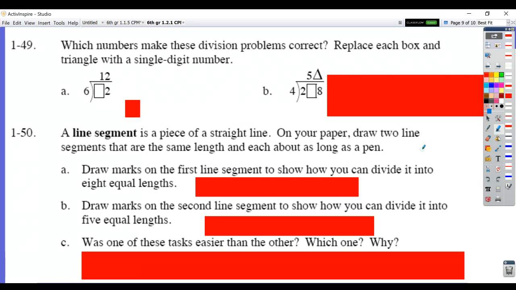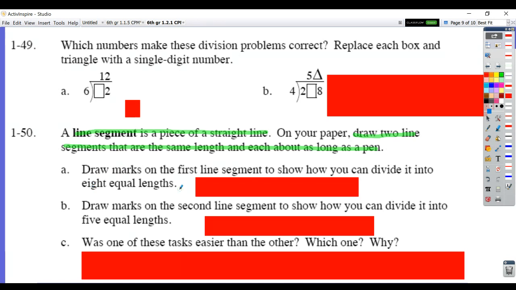For 150, they want you to know that a line segment is just a portion or a piece of a straight line. And they want you on your paper to draw two straight lines that are the same length, and each of them should be about as long as a pen. Then they want you to draw marks on the first line to show how you can divide it into 8 equal lengths.